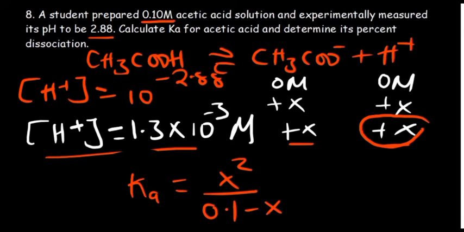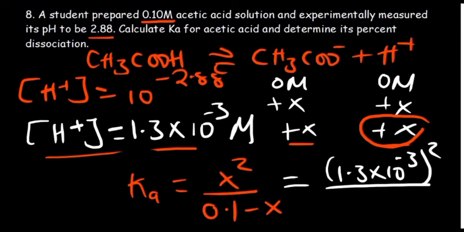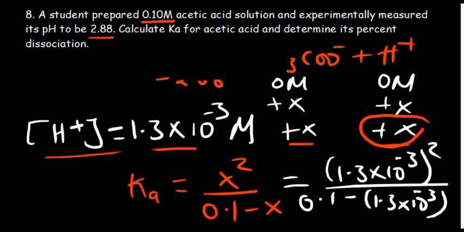We're trying to find the value of what? Ka. So we have our x has been found to be 1.3 by 10 to the power negative 3, so it is squared over 0.1 minus 1.3 by 10 to the power negative 3. So at that point we can now plug in and see the value that we're going to get for our Ka.